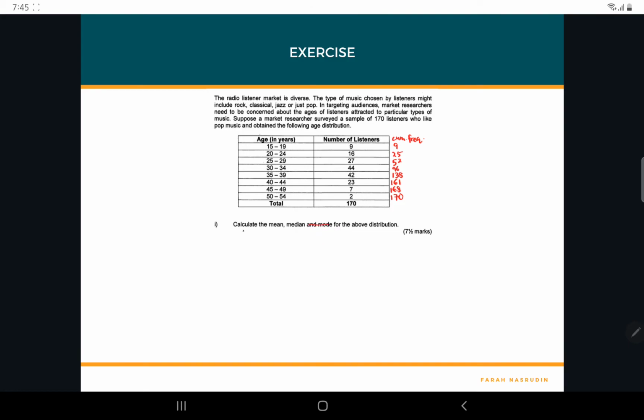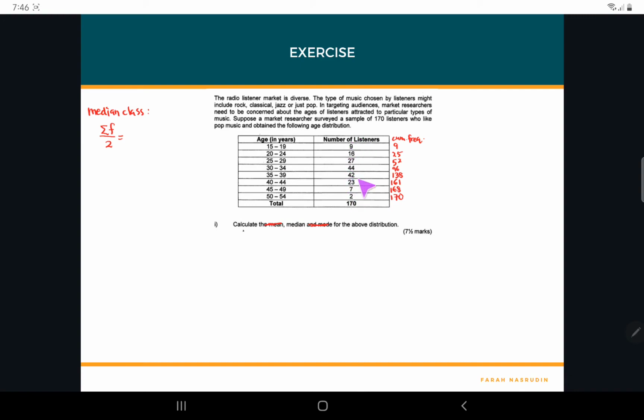So we want to calculate the median. Median class. So our median class is the total of the frequency divided by 2.